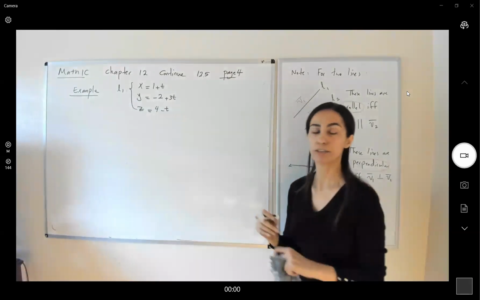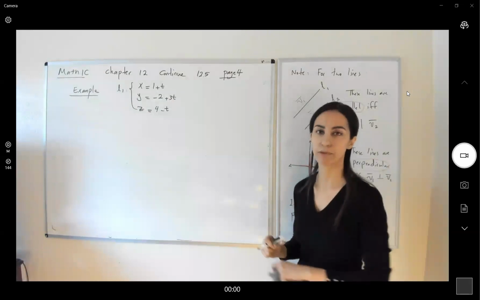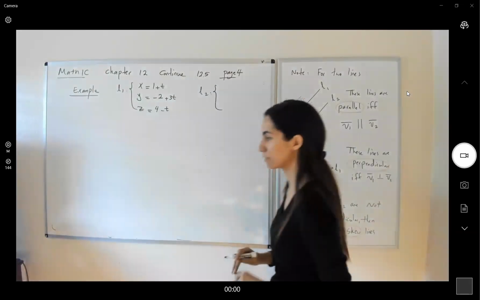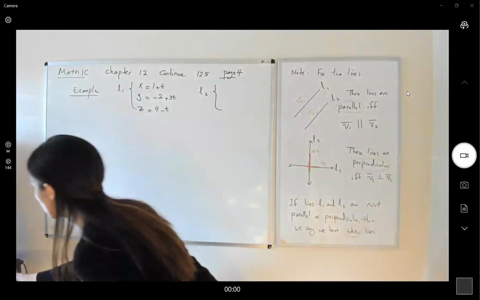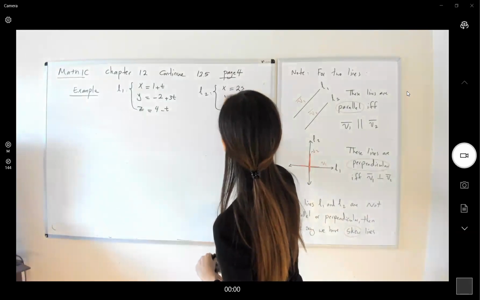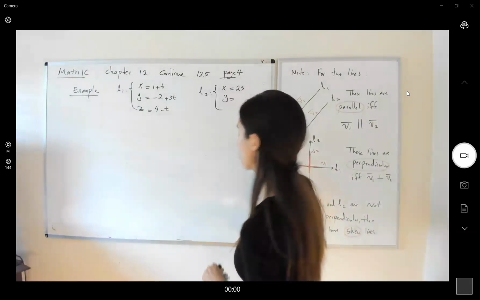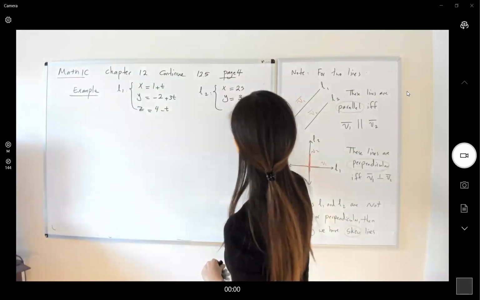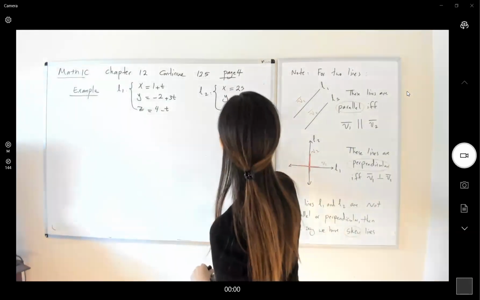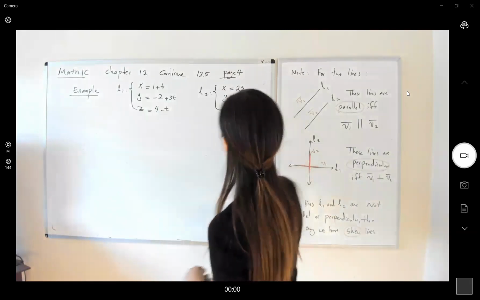For the second line, we're going to use a different parameter, like s. L2 is defined this way: x is 2 times s, y is equal to 3 plus s, and z is equal to -3 plus 4s.